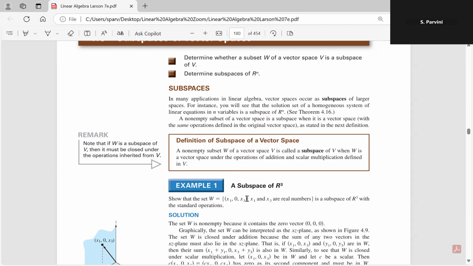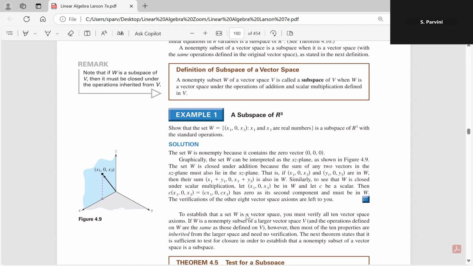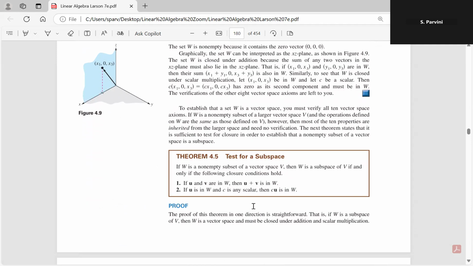Therefore, it is sufficient to only test for closure to establish the non-empty subset W of V as a subspace. Remember, we have 10 axioms. 8 of those 10 axioms are inherited, 2 of them are not. And here in this paragraph, the book talks about the inheritance from a larger vector space.